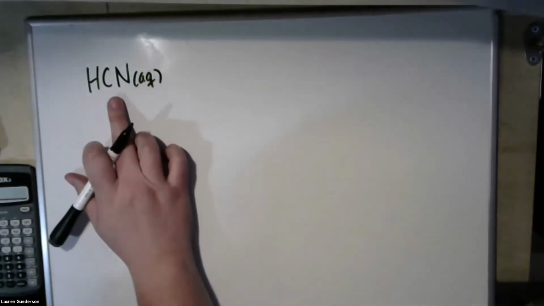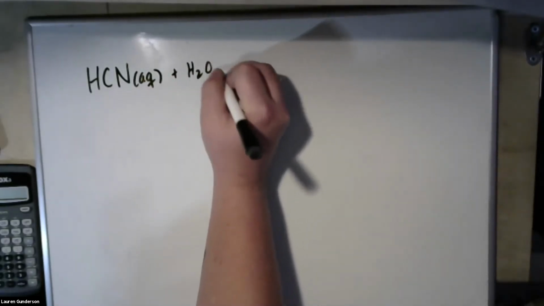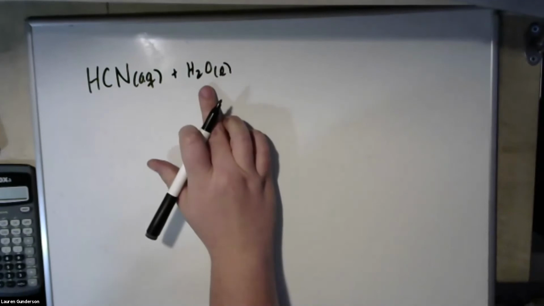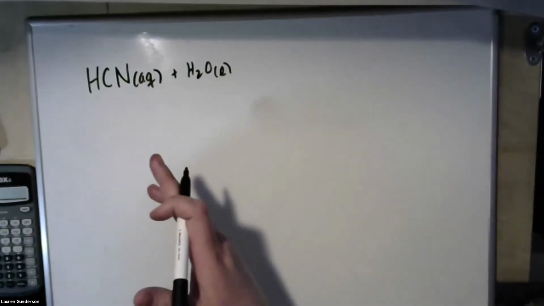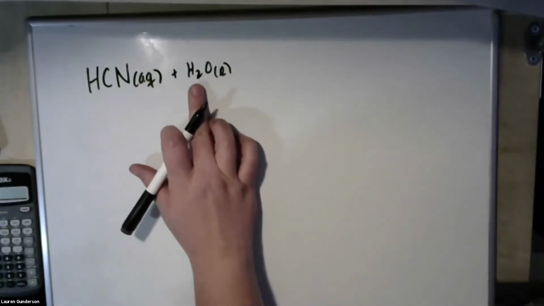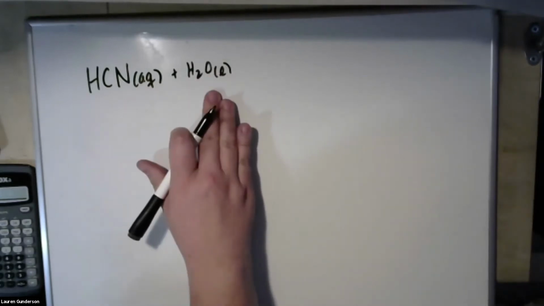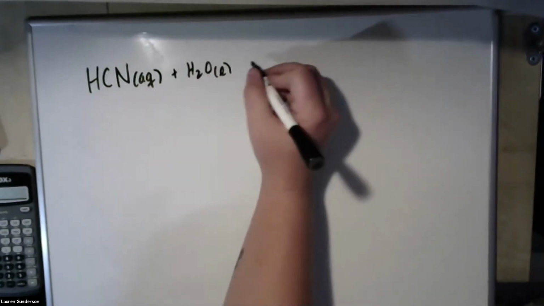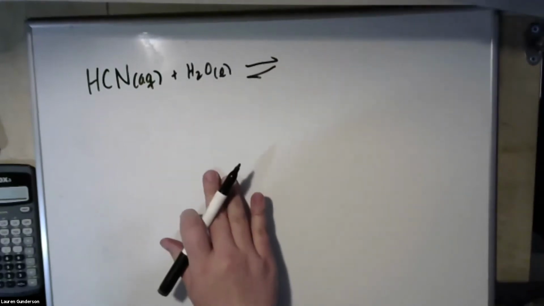So HCN is going to represent your weak acid, and you're going to be reacting it with water. We'll leave water in its liquid form because the auto ionization constant for water is much smaller than the Ka values, so we'll call it a negligible contribution here. So we could just leave that alone. We're going to put it in here because these two things react together, and I want to represent it, but we're not going to put anything numerically in our water column.